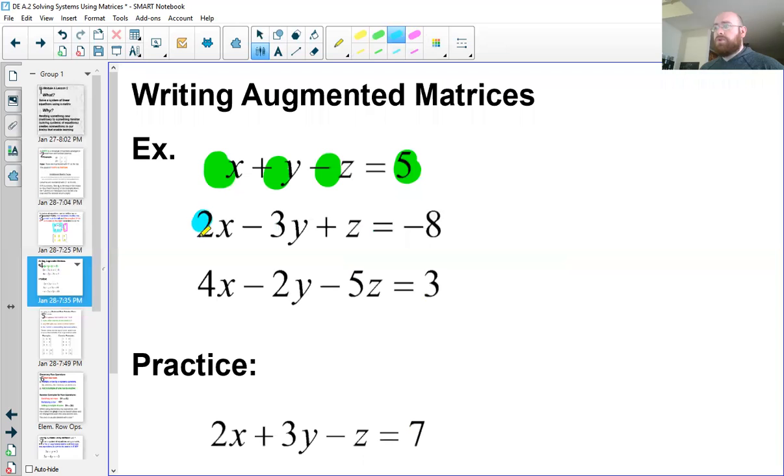Then we have 2x minus 3y plus z is equal to -8. And then we have 4x minus 2y minus 5z is equal to 3.